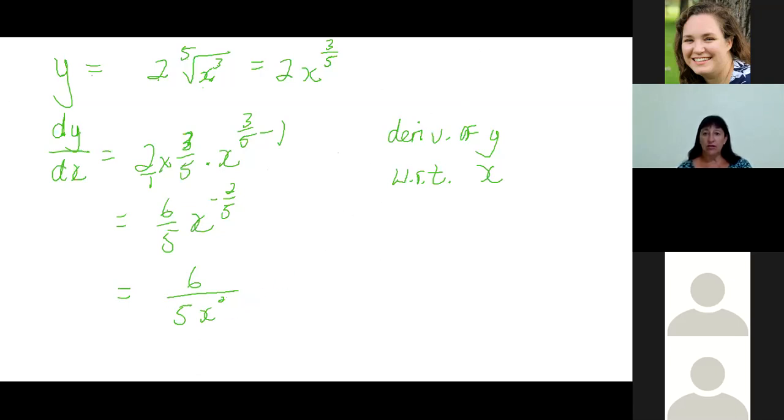Doesn't look good. 2 over 5. And then I do not want a fractional power, so I know that I need to change it. X to the power is on top, and the root is at the bottom. So it's 6 over 5, 5th root of x squared.